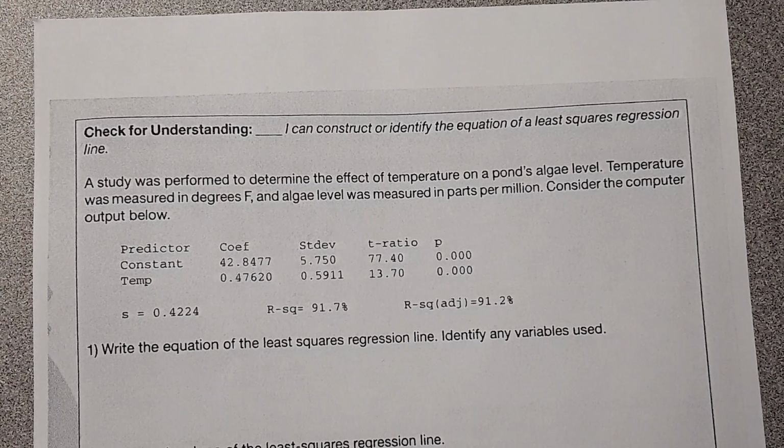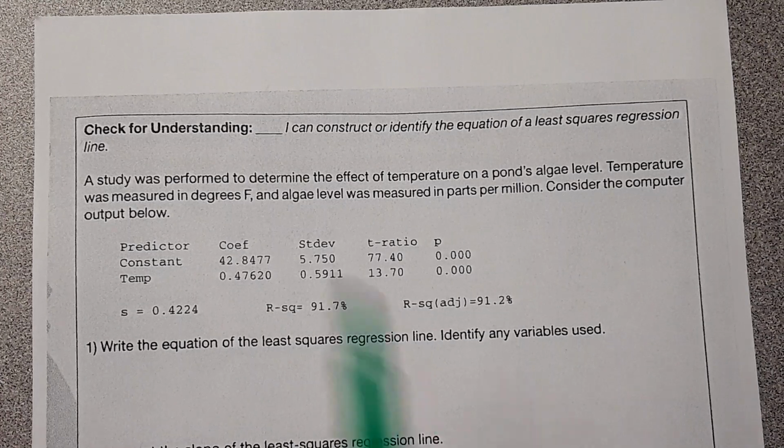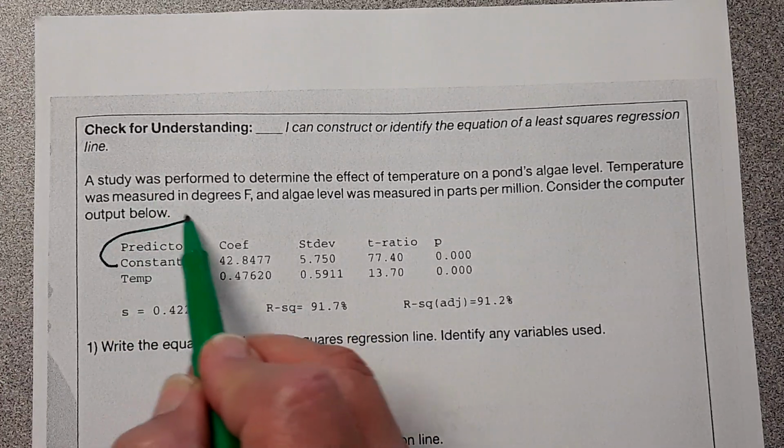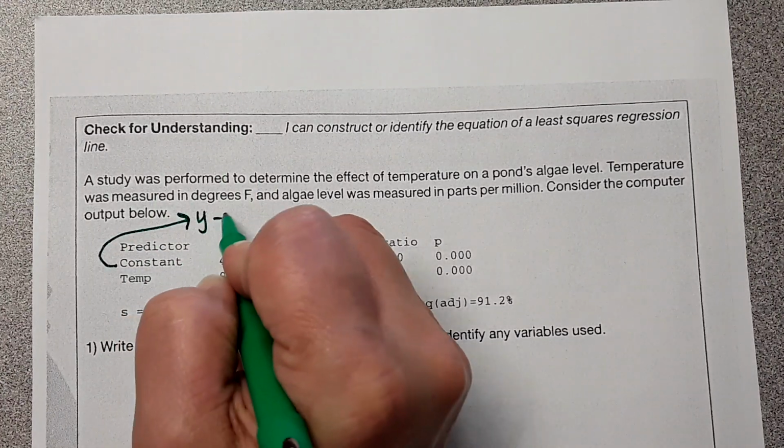So the reason I give you this one is because a lot of times on the AP exam, when they give you something to deal with linear regression, they don't give you data to put in your calculator. They give you computer output. So I want to show you the different things of the computer output. So the constant, this one right here, is your y-intercept.